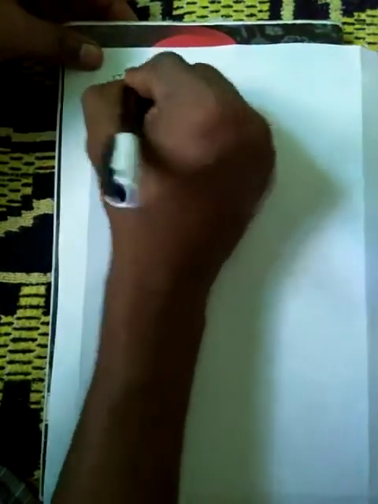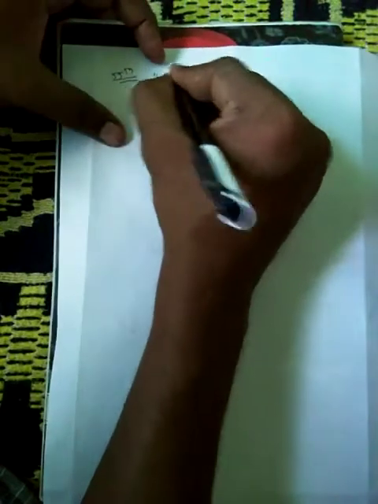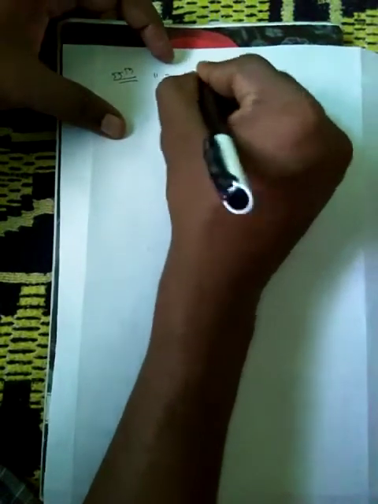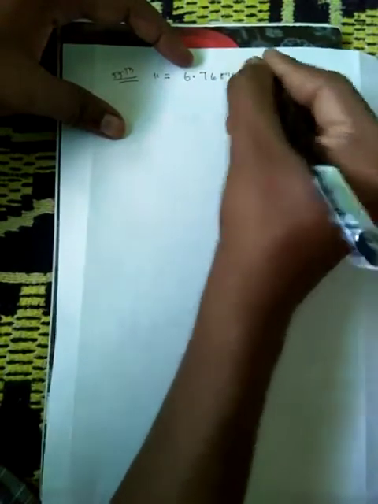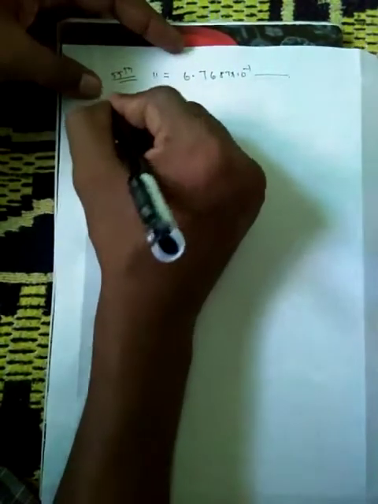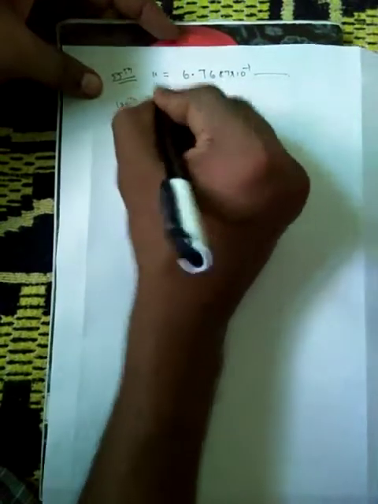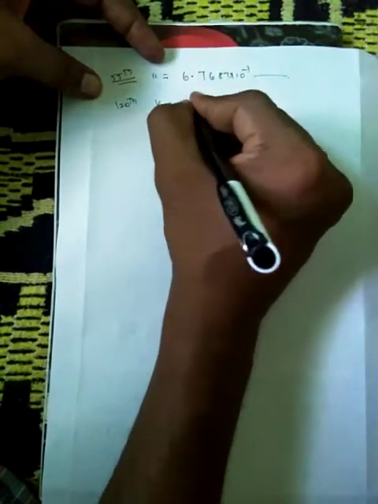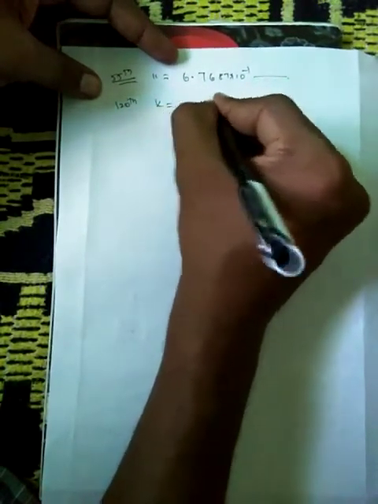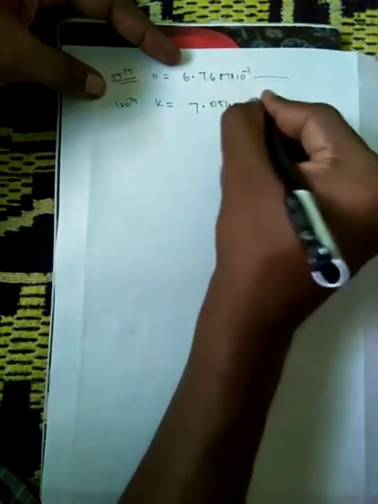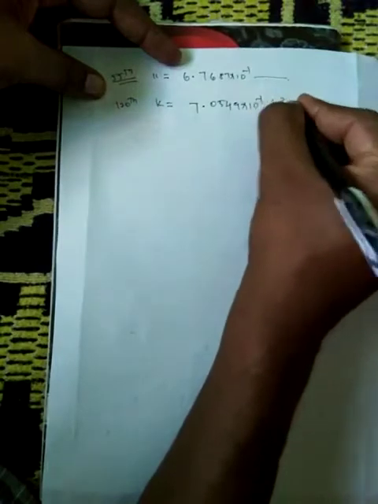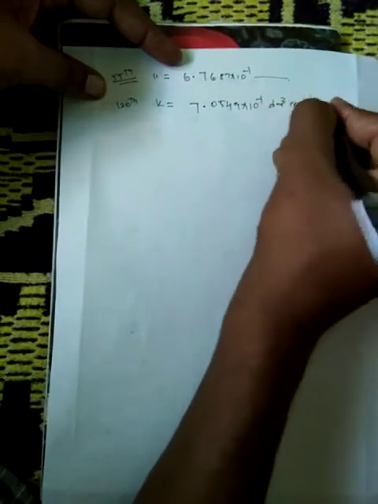And find out at the 55th minute, the value of k is found the same way. You have to find out the value of k is 6.7687 into 10 power minus 1. You write the unit. And at the 120th minute, the k value is 7.0549 into 10 power minus 1 decimeter cube, mole inverse, minutes inverse.